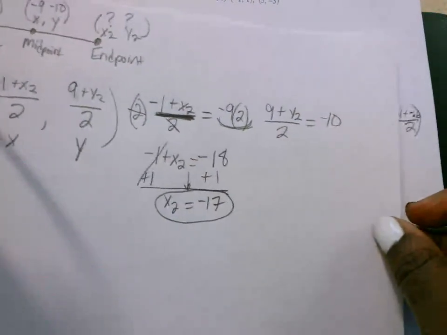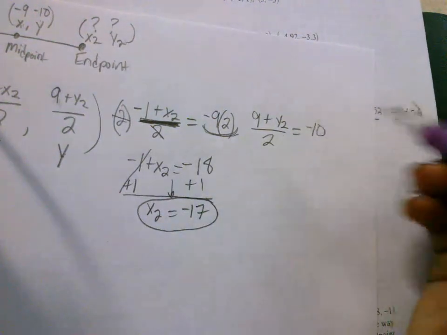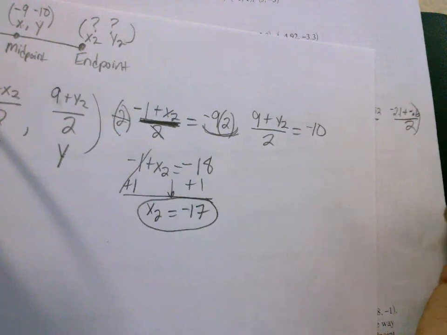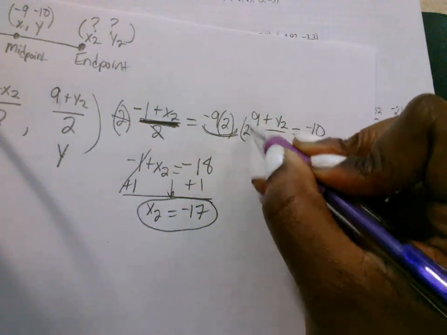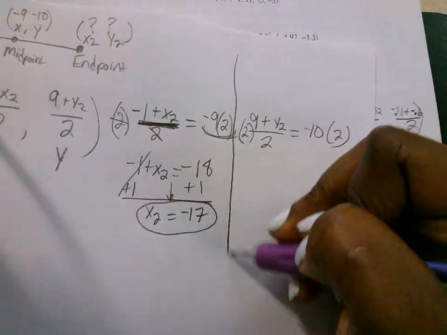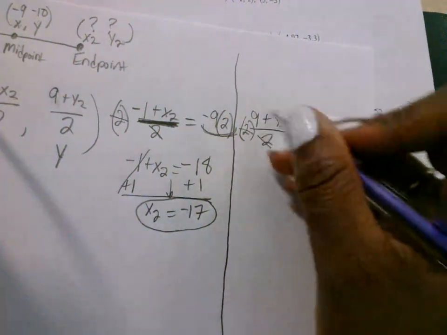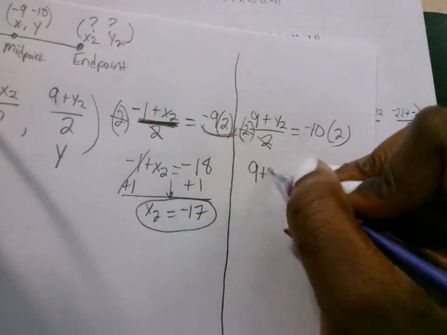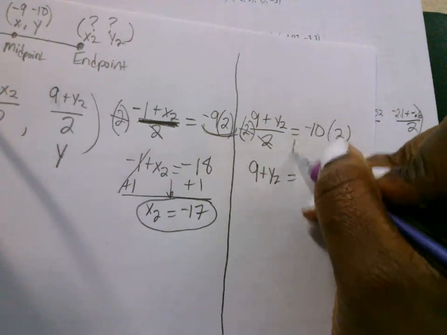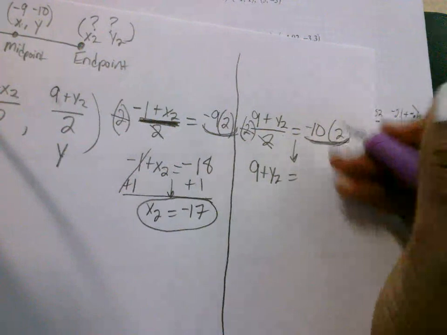All right, so let's find y2. So what are we going to do to get y2 by itself here? Multiply both sides by 2. When we multiply both sides by 2 here, draw a line. This cancels out, and I'm left with the expression on top: 9 plus y2. Bring down the equal. What do we get on this side? -20.